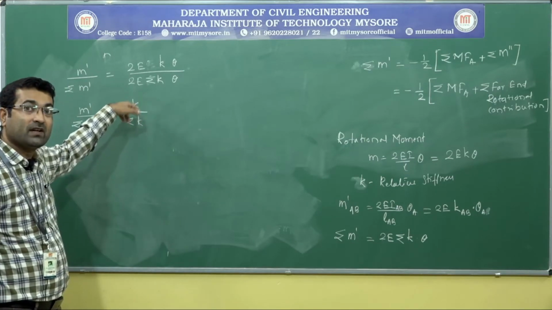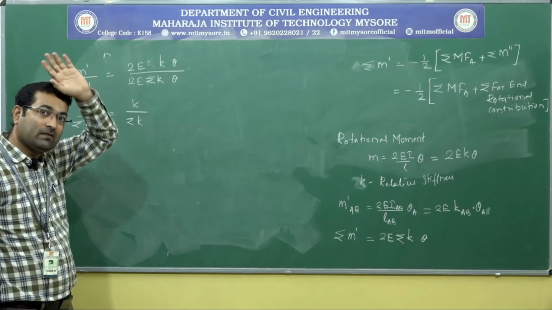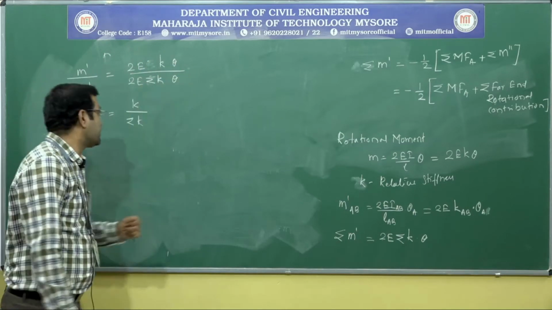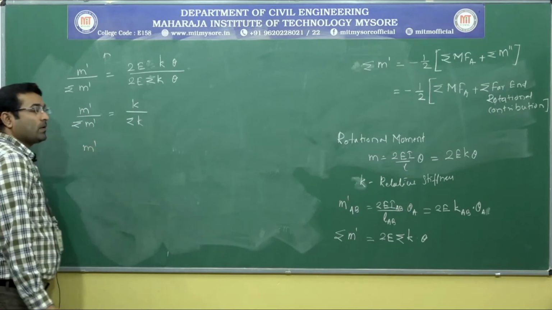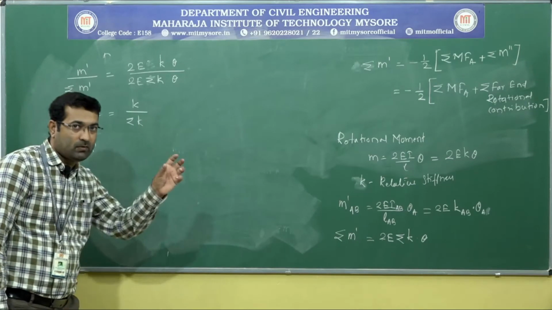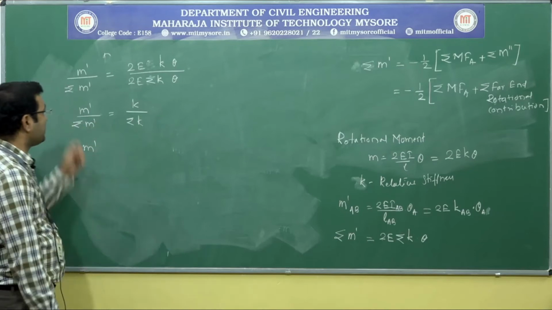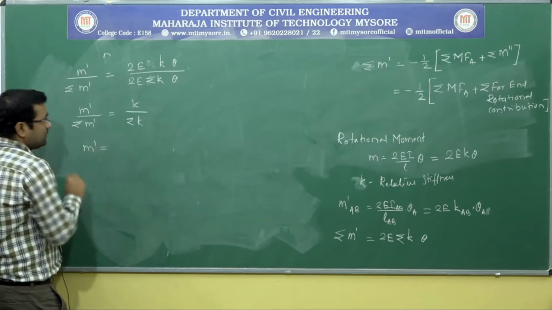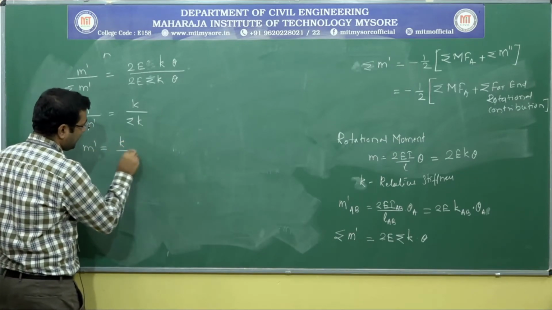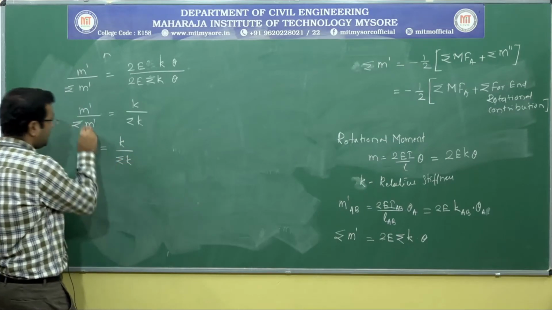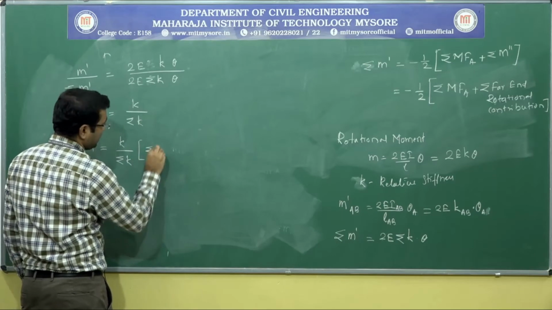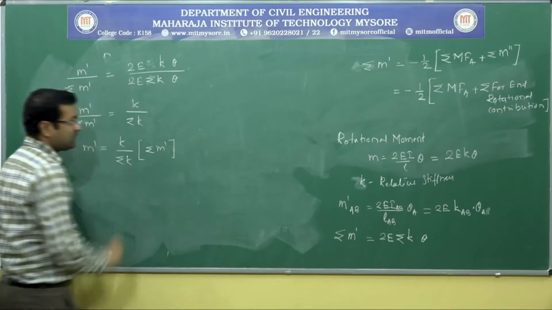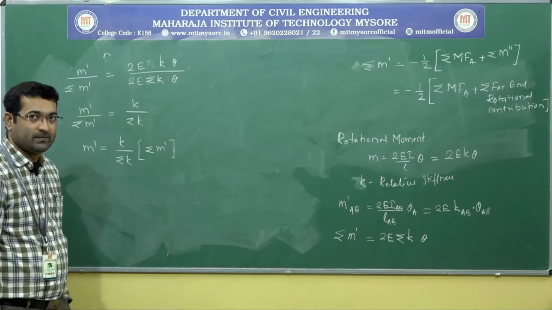This K by summation of K is nothing but the distribution factor that we determined in the moment distribution method. But here I am interested in the rotational contribution, that is, how much rotational moment has developed in each member. So it is K by summation of K into, if I take it on the other side, the algebraic sum of rotational moments of all the joints.